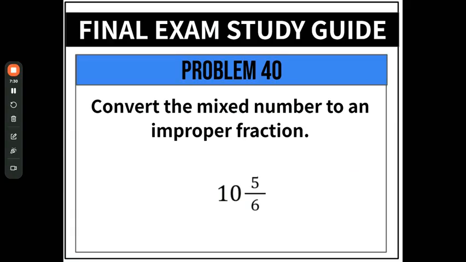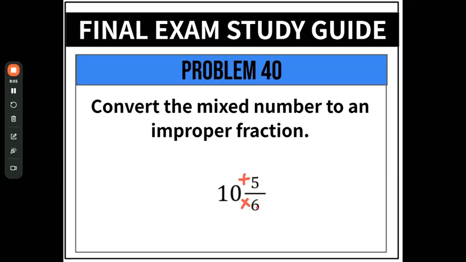Problem number 40. Convert the mixed number to an improper fraction. Okay, how we do this is very simple. For any mixed number that you would encounter, you're going to multiply the whole number by the denominator. So I always like to draw a little multiplication sign here. And then you're going to add the numerator. All of this will get you your new numerator.